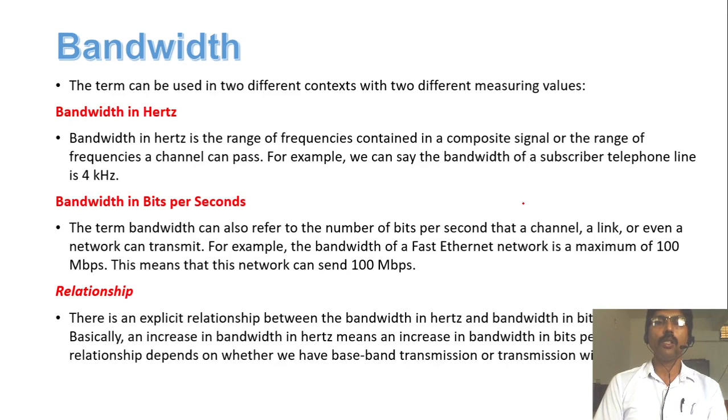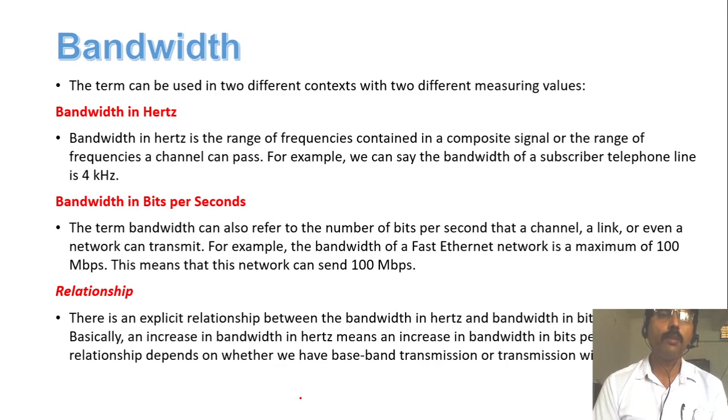Total number of frequencies we can transmit in a composite signal is called bandwidth in hertz. For example, we can say the bandwidth of a subscriber telephone line is 4 kilohertz. That means we can transmit 4K different frequencies of signals. That is called bandwidth in hertz.